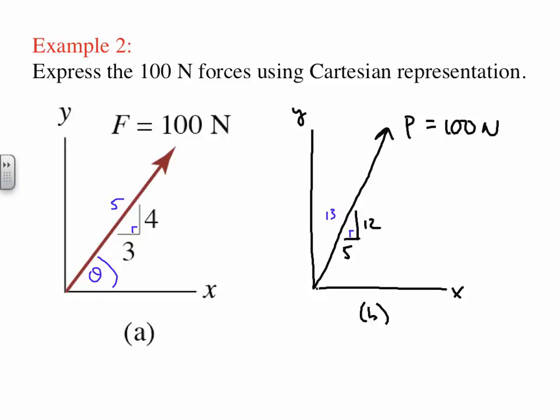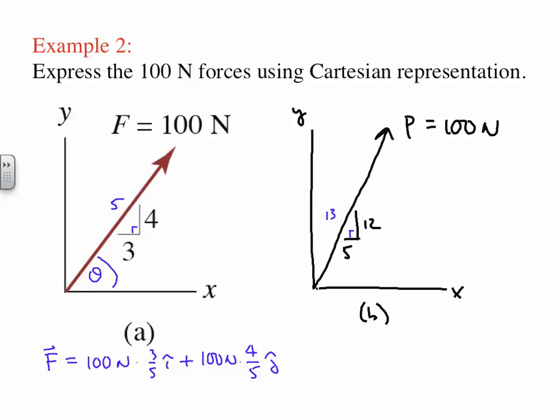Therefore, you should write down by inspection that the force vector F is 100 newtons times the cosine of theta, which is just 3 over 5 in I, and then 100 newtons times the sine of that angle, which is just 4 over 5 in J. Again, that's just making use of the definitions of cosines and sines as ratios of adjacent or opposite edges to the hypotenuse.